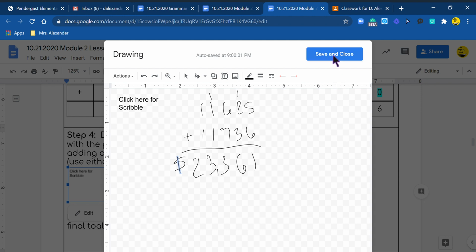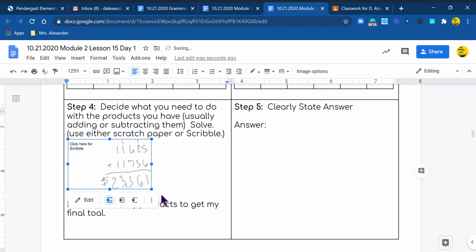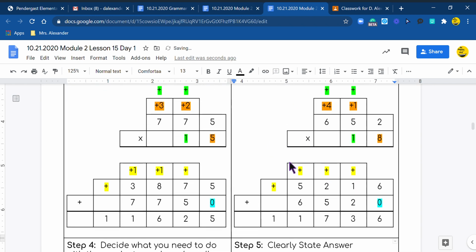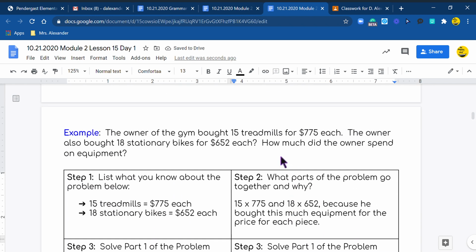So I'm going to go ahead and save and close. And then I'm just going to quick write my total down right here. It's $23,361. And again, I said we're going to need my dollar sign. So right here it says clearly state the answer. So I'm going to go back to my question. How much did the owner spend on equipment?